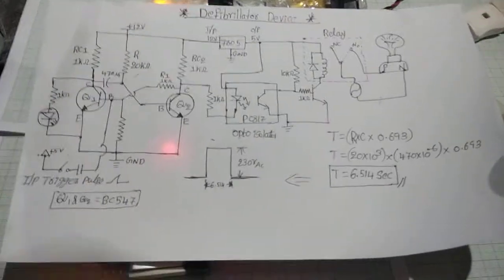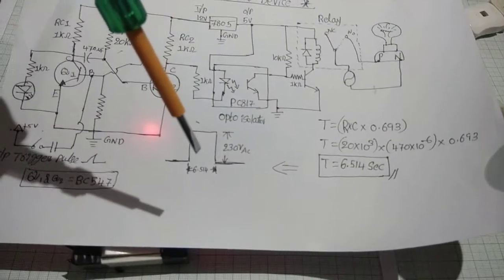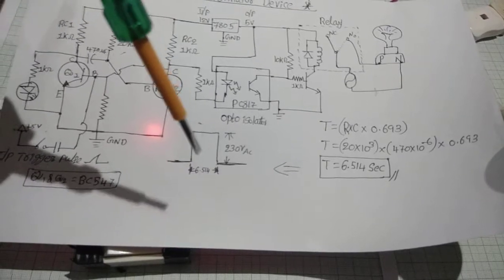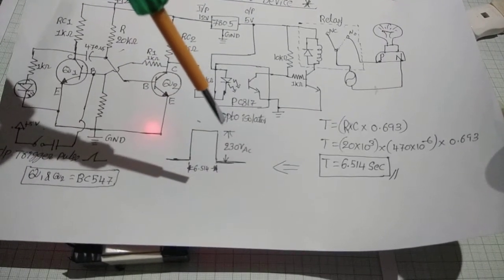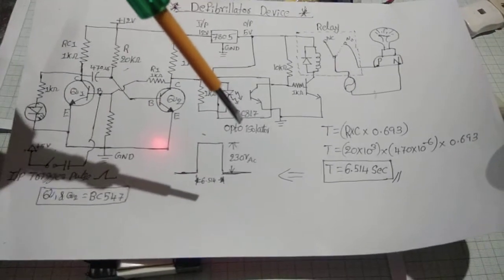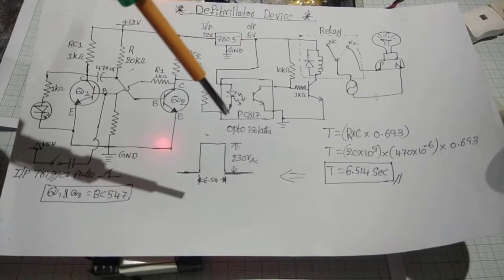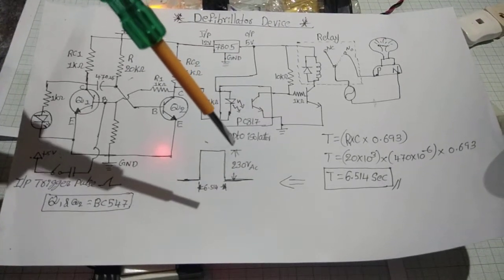Okay, this is the pulse. Here I designed the pulse duration as 6.54 seconds, and the shock pulse amplitude is 230 volts AC. Actually we give a DC pulse, since a high-rated electric shock is DC. For demonstrating, I am using 230 volts AC.